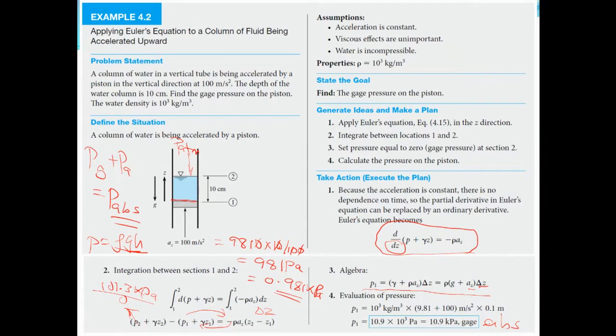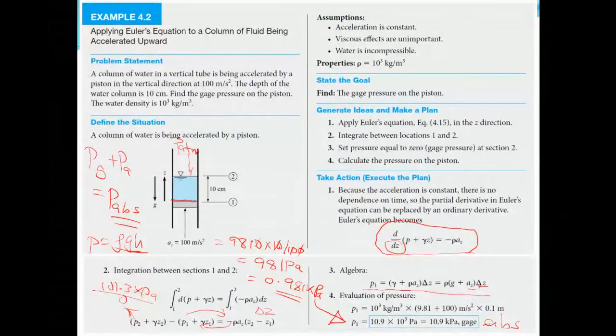Because of the acceleration, you can see that the gauge pressure has increased. If it were at rest, it's just 0.98, approximately 1 kilopascal. But because of the acceleration, the pressure at the bottom is now 10.9 kilopascal, which is about 11 times more.